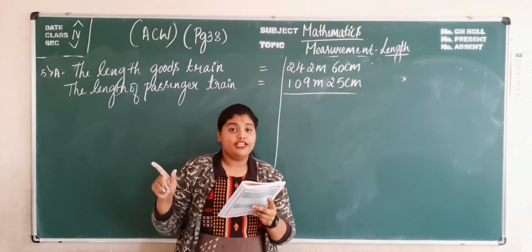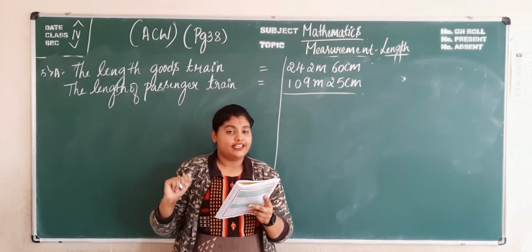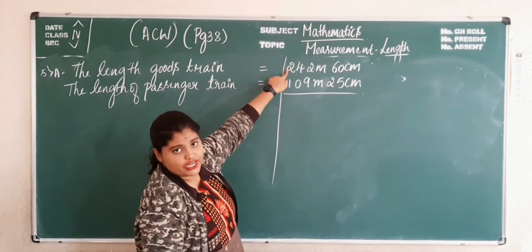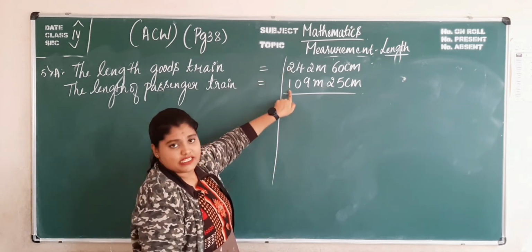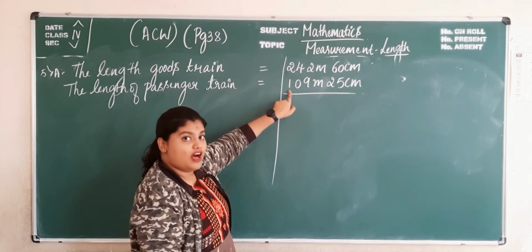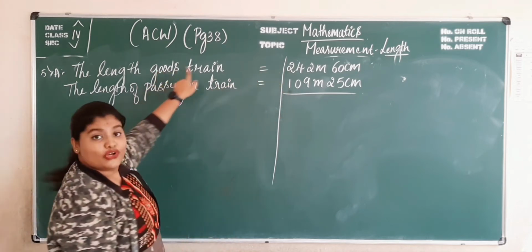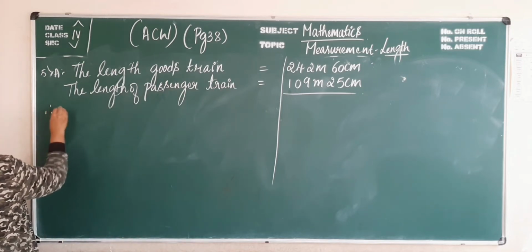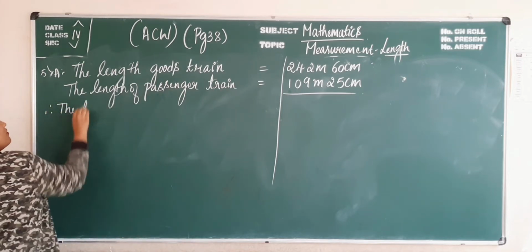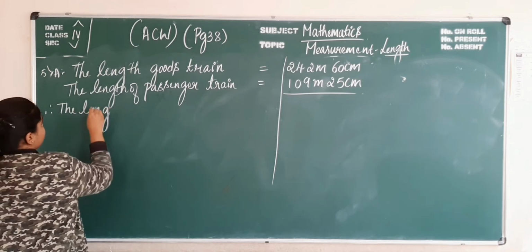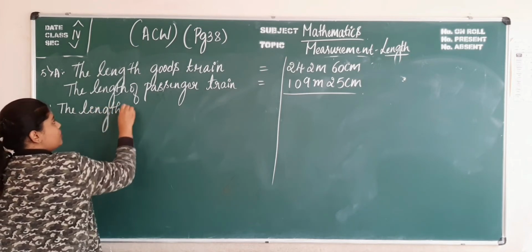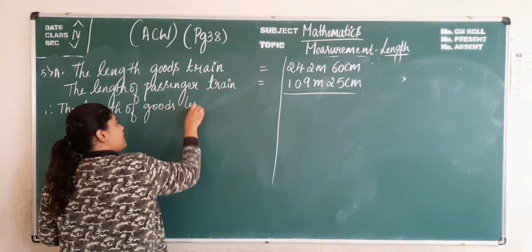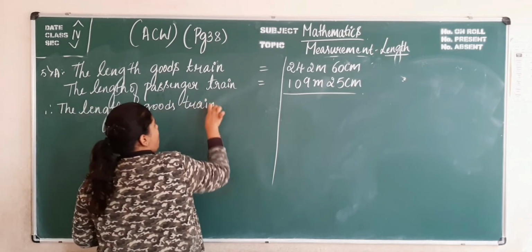Which train is more in length? Yes, that you have to write. Compare the length of goods train and length of passenger train. Which is more? Yes, the length of goods train is more. So, we write, therefore, the length of goods train is more.